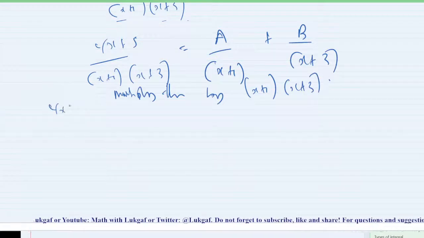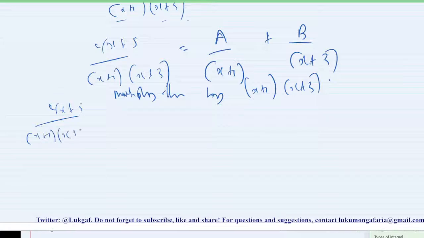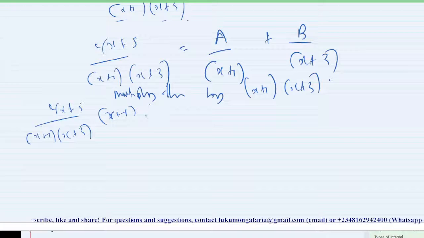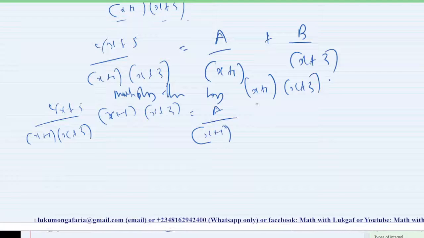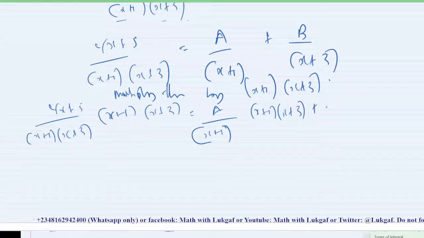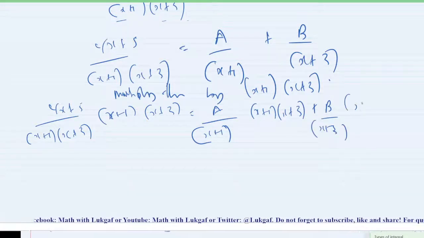Then I have (4s + 5)(s + 1)(s + 3) over (s + 1)(s + 3) is equal to A over (s + 1) times (s + 1)(s + 3) plus B divided by (s + 3) times (s + 1)(s + 3).